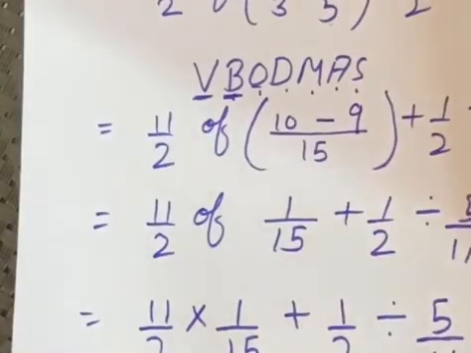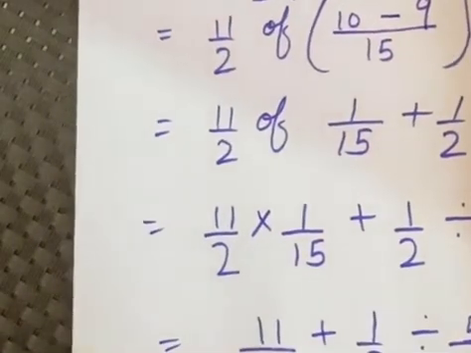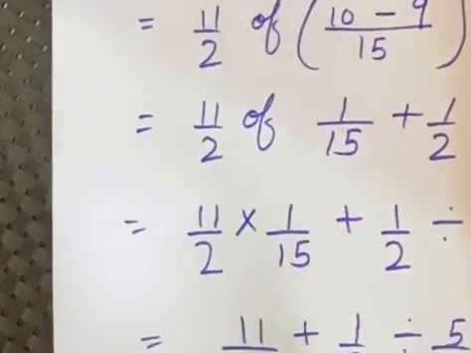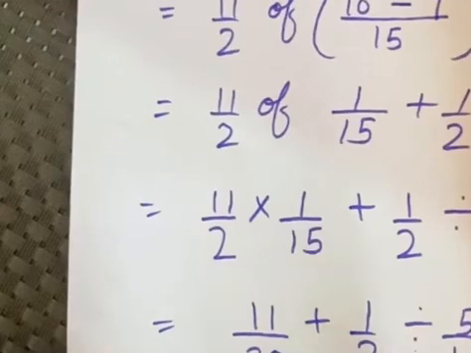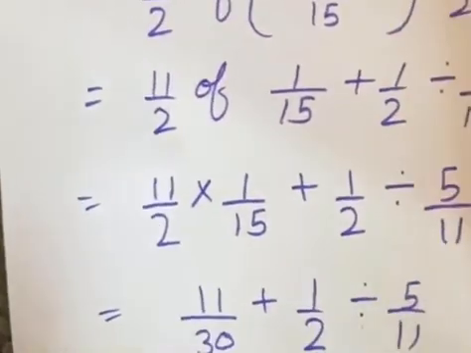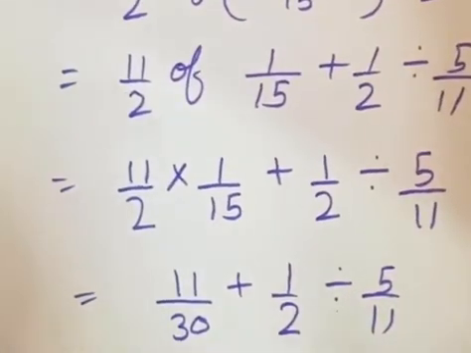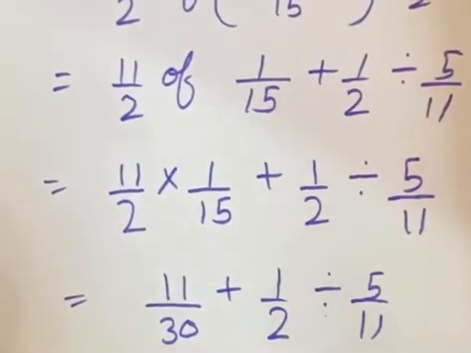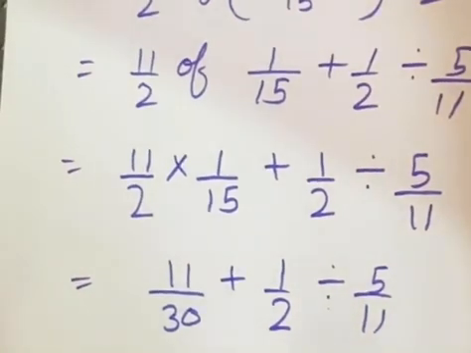I think you have already done this in the division method, how to divide in fractions. So now 11 by 30 plus 11 by 10. What we are going to do is take the LCM. I am not giving the process of LCM, I think you already know the method.